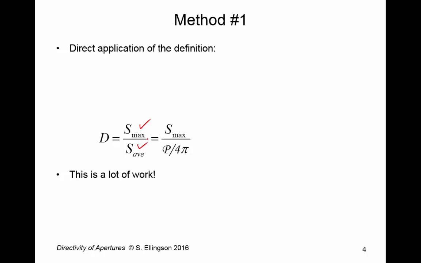And of course, one way we can get that is we can find the maximum power density, and we can get the average power density by computing the total power, which has been applied to a lossless antenna, and divide it into 4 pi, and this is a typo here, it should be r squared, 4 pi r squared, right? Because that will also give us the average power density. Total power divided by the area at some distance r should give us the average power density at that distance.